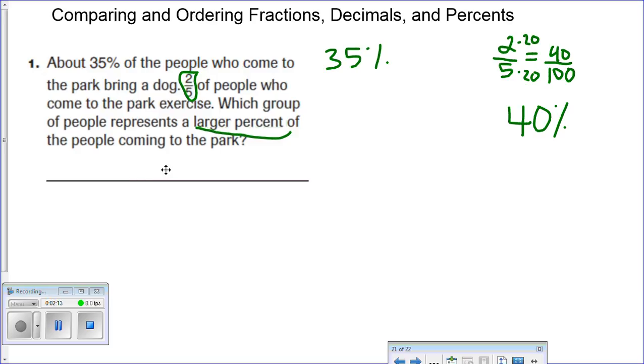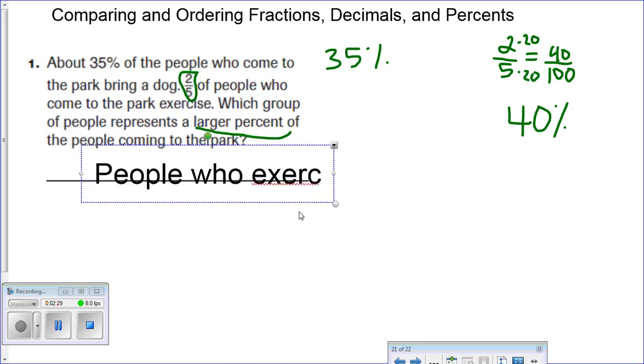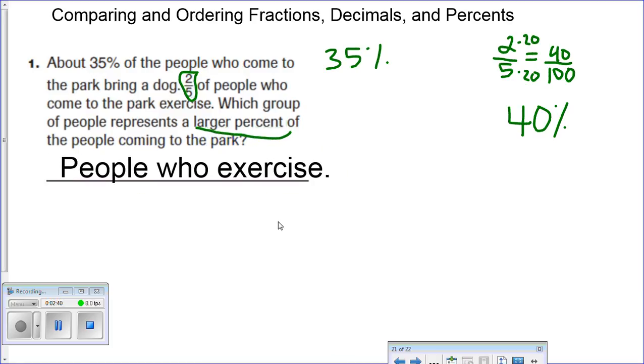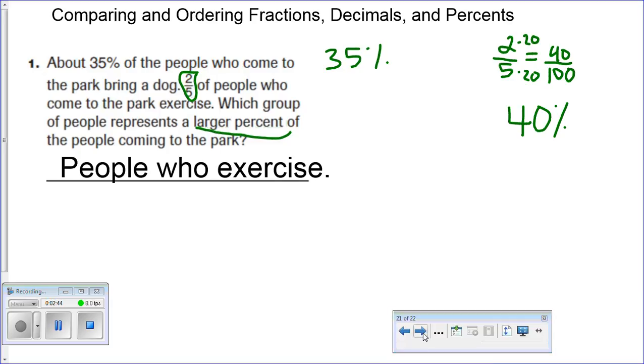Well, if we're going to answer this, I'm going to say that 2/5, or excuse me, people who exercise is the larger group. All right, and that is just comparing percent to percent. Let's take a look at another example here.